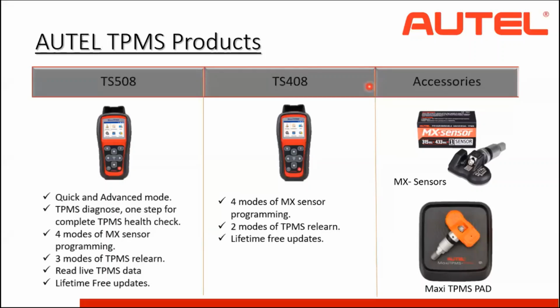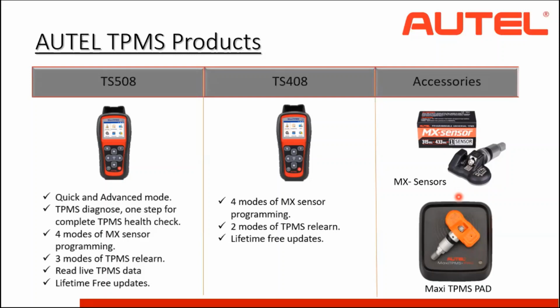Now let's talk about some other products in the Autel TPMS range, which is the Autel MX sensors, which are mainly classified into 3 types: the 433 megahertz MX sensor, the 315 megahertz MX sensor, and a unique Autel product, the Autel MX1 sensor, that can be used for cars with both the frequencies, 315 and 433 megahertz.